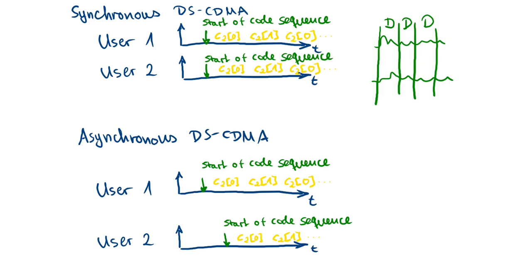Then the opposite case is the asynchronous CDMA case, where the two users are not synchronized, and it's totally random when their transmission starts. So here for user 1, the transmission and the code starts at this point, and for user 2 there is some other start of transmission time point here. So it's completely random and it cannot be determined.